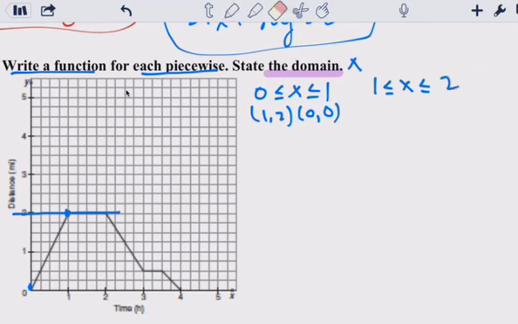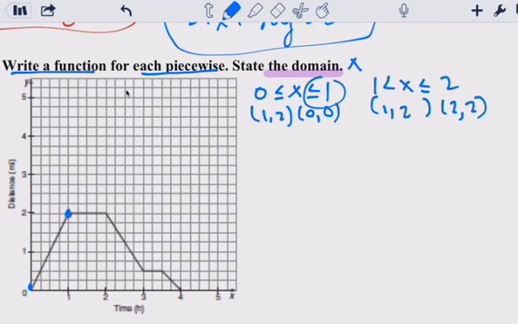Oh no, this needs to be just less than. Okay, from 1 to 2. Because 1 is taken over here already, that's why they only have 1 here like that, without an equal sign. Okay, and then you can do 1, 2, and 2, 2. That's your point.